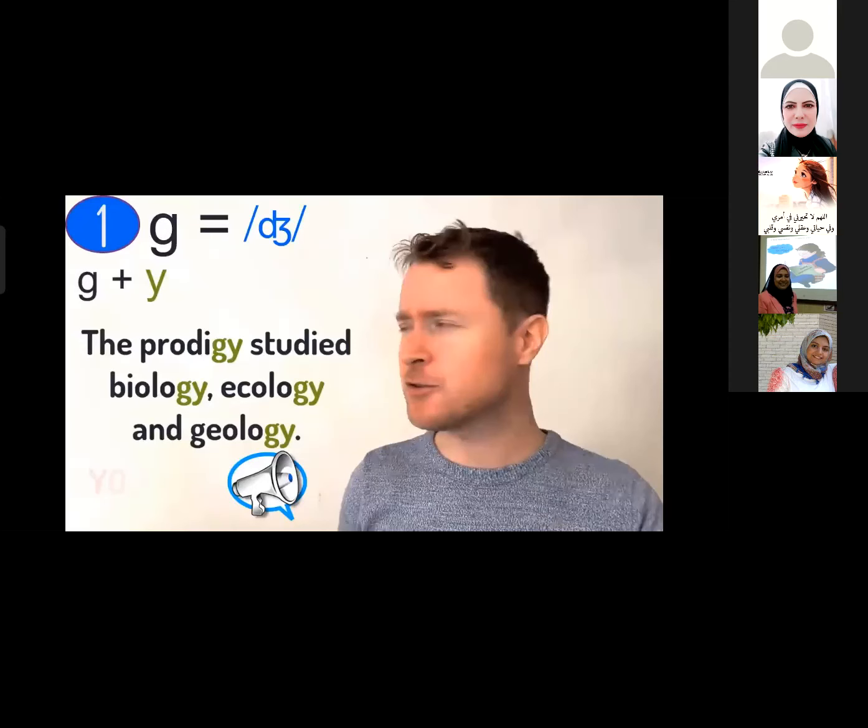GI is pronounced as ja, but in some exceptions it is pronounced as the ga sound. Can you give examples? Girl and give. That's right. What about GY? GY is also pronounced as ja sound, but in some cases it is pronounced as g. In which case?